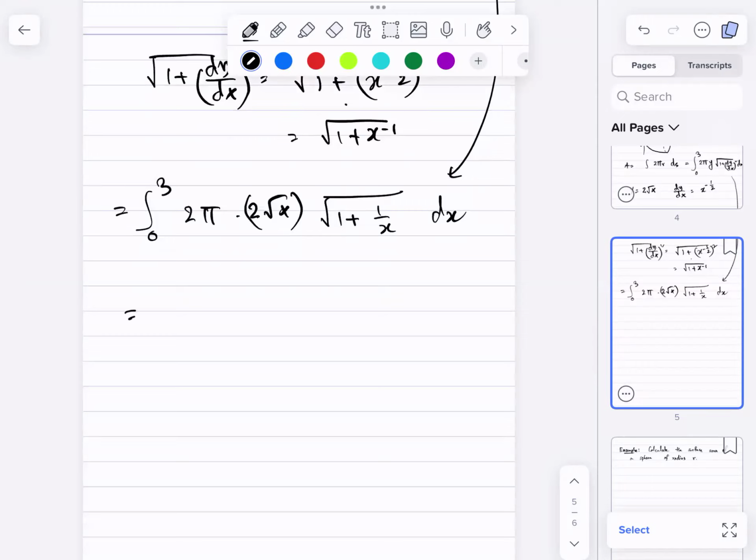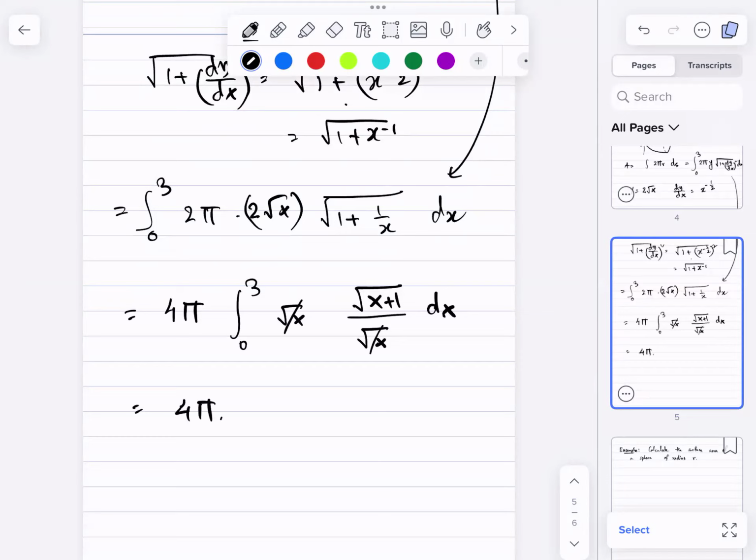Now the whole problem boils down to solving this integration. 2 pi times 2 is 4 pi, so 4 pi comes outside of the integration. From 0 to 3, square root x times the square root of (x plus 1) over square root of x, dx. This cancels. Then I have just 4 pi, and if I do the integration, it will be (x plus 1) to the 3 over 2, over 3 over 2, from 0 to 3.